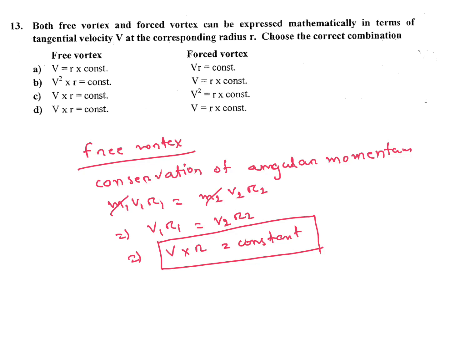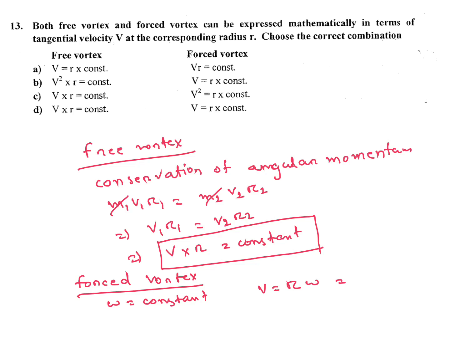And in case of forced vortex, angular velocity omega is constant, and we know that V equal to R omega.